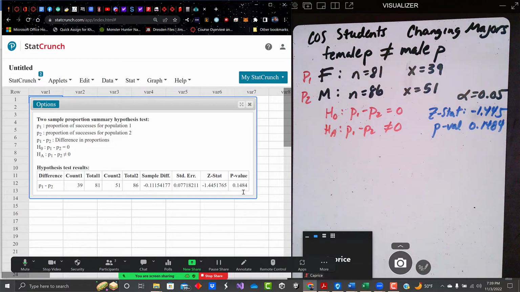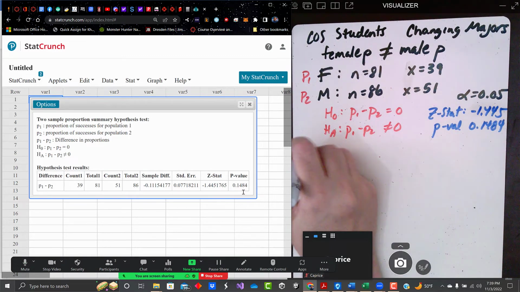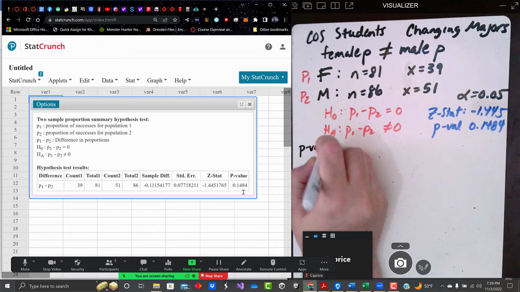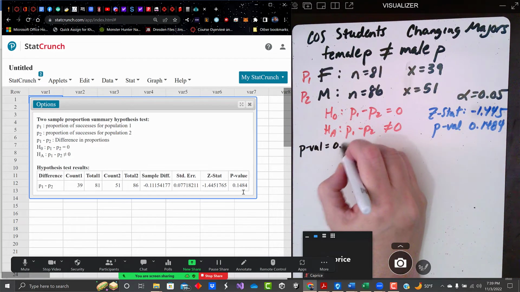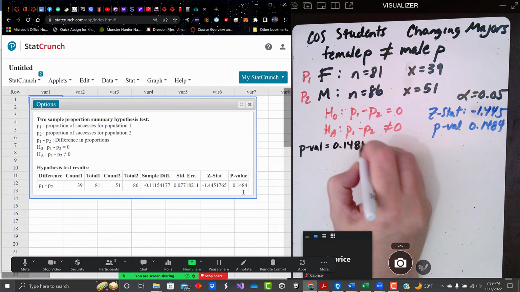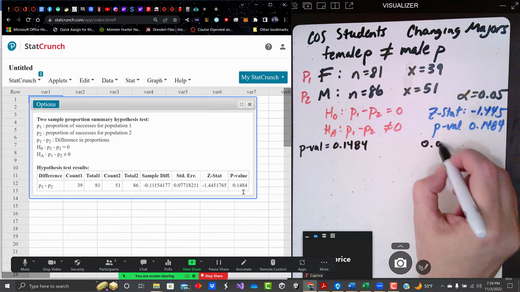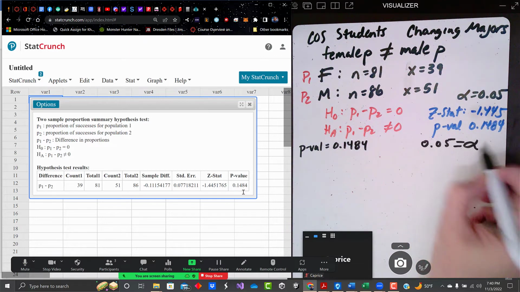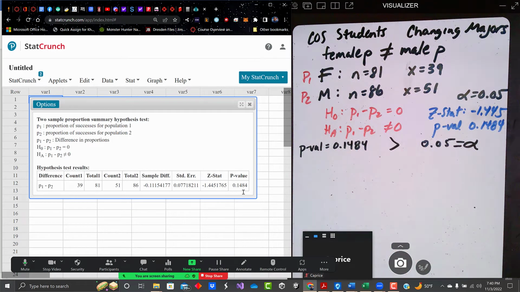So we'll compare our p-value to alpha. And it's bigger also.